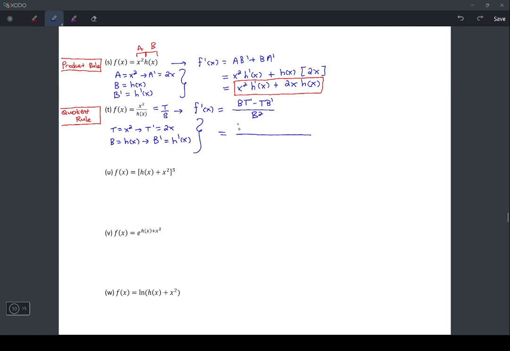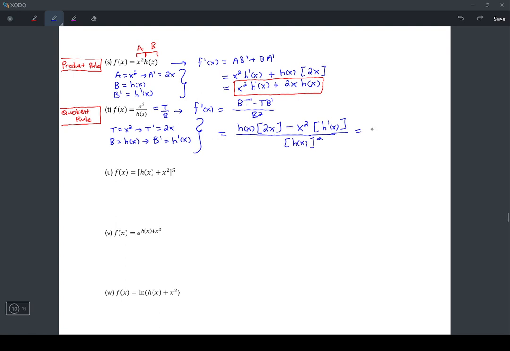So bottom function h of x times t prime, 2x, minus the top function x squared times the derivative of the bottom, h prime, all divided by the bottom squared, so all divided by h of x, all squared. And then I'll just simplify a little bit, similar to what's up above.